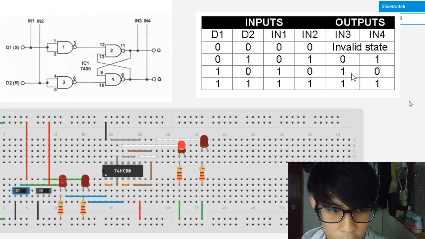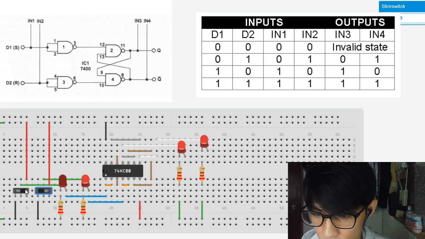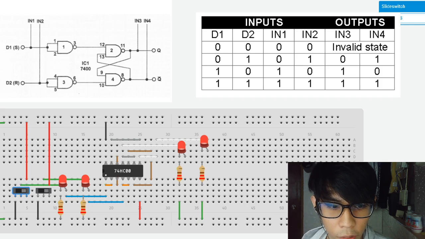That's why it's an invalid state, because it serves as a memory. Next, for D1 and D2, if we put both at logic level 1, it will all light up. Here you can see that in 1 is logic level 1, in 2 logic level 1, in 3 logic level 1, in 4 logic level 1.